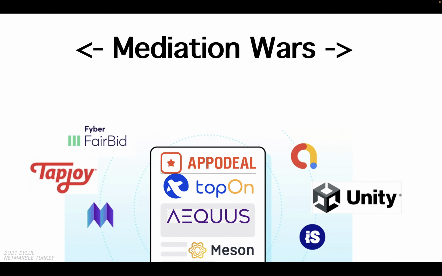The more competition there is, the more advantage for the consumer, I mean publisher, at the same time. So you should keep ad network competition at a high level, and mediation selection should be supported by A/B testing. Then you will have a nice ad revenue.